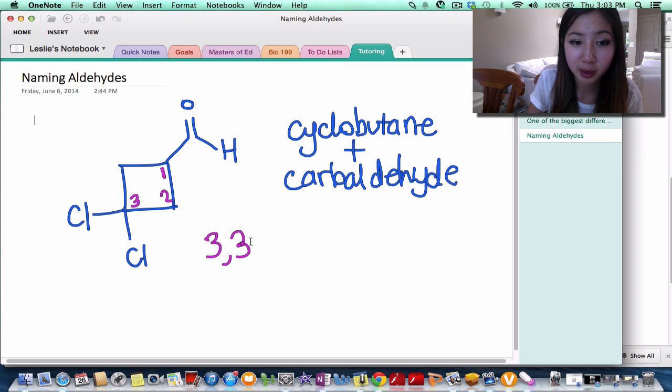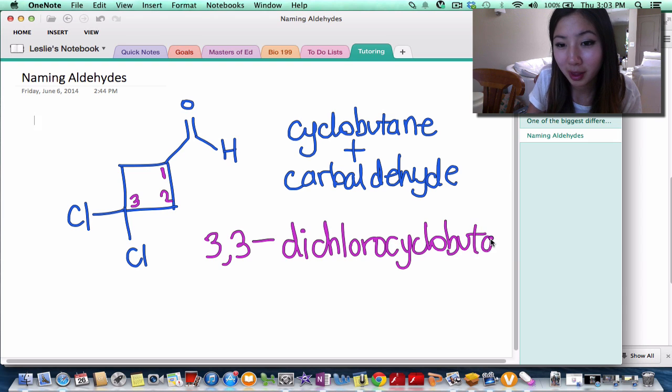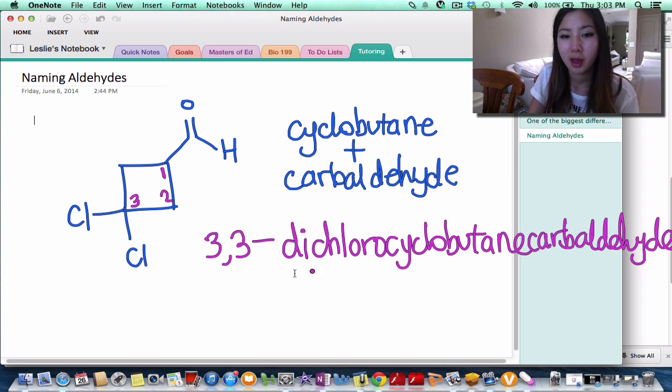And we always separate numbers and words with a dash. So 3,3, and then we have 2, right? So dichloro. And then you would finish this off with cyclobutane carbaldehyde. So it's super long, but that would be the correct naming for that.